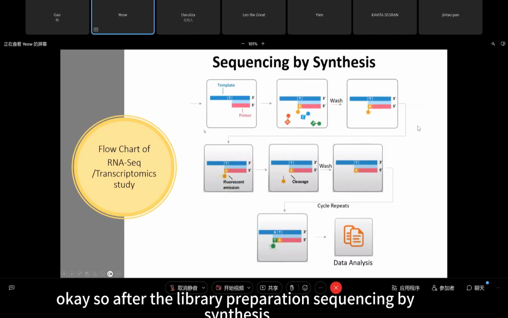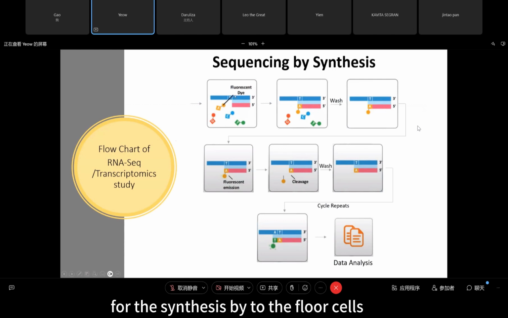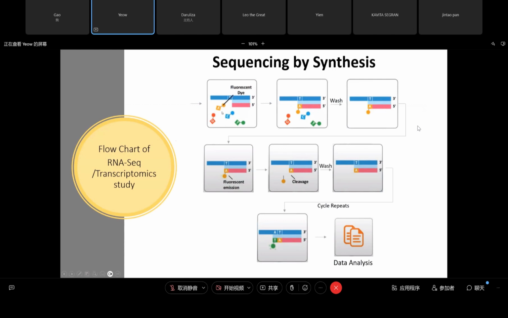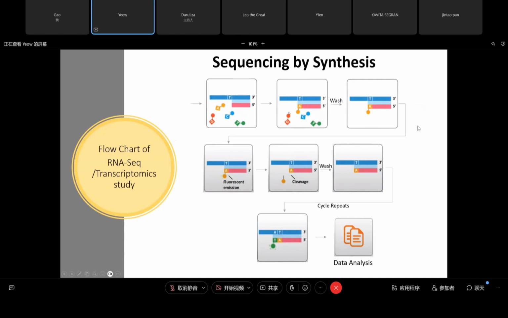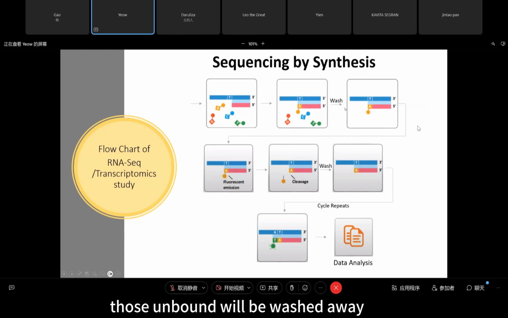Okay, so after the library preparation, sequencing by synthesis follows. The templates with a primer for the synthesis bind to the flow cells. Then complementary nucleotides with a fluorescent dye will bind to the templates. As you can see, a nucleotide is bound to the sequence. Those unbound will be washed away.